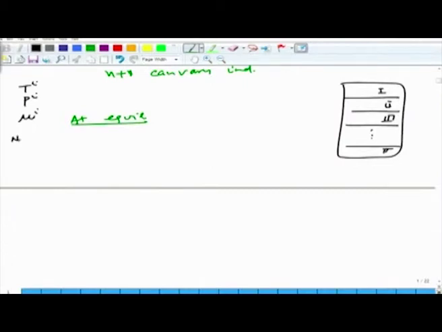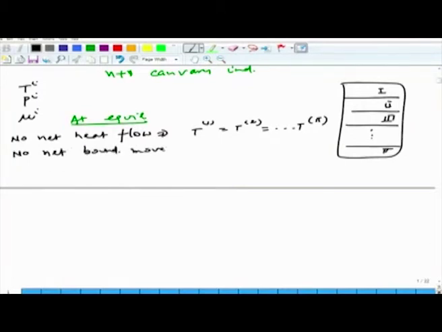So, no net heat flow would give us the condition that T1 is equal to T2, and this is the same as T pi. No net boundary movement would give us P1 equal to P pi.